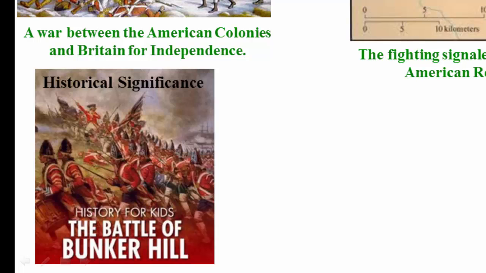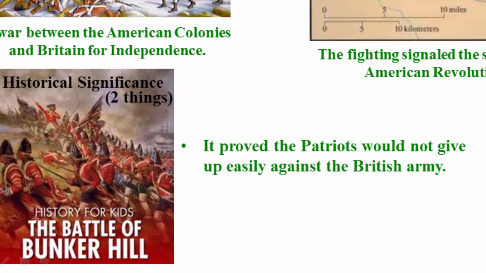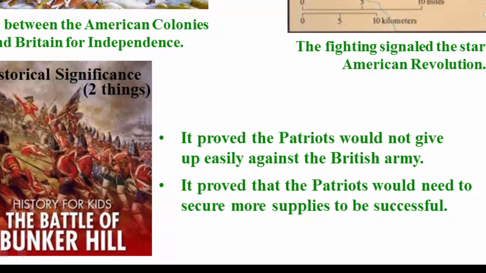What's the historical significance? 2 things. First, it proved the Patriots would not give up easily against the British Army. And second, it proved that the Patriots would need to secure more supplies to be successful. And in this sentence, the word secure means to get.